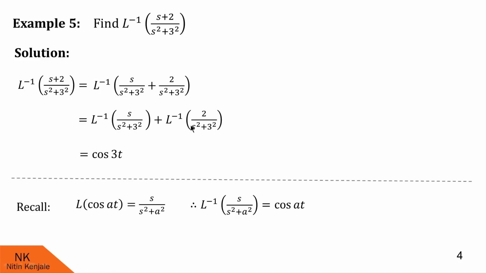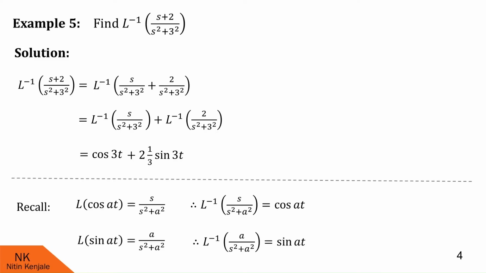That 1 by 3 is a constant, so you can take it out. Outside we will have 2 by 3 and inside you will have L inverse of 3 upon s square plus 3 square, which is nothing but sine 3t. So L inverse of 2 upon s square plus 3 square is 2 by 3 sine 3t.